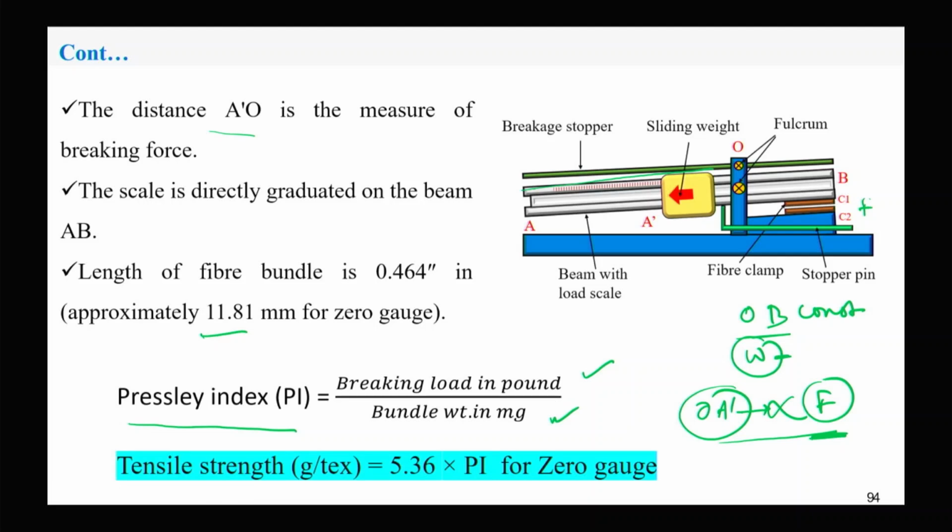And we can get this relationship, the tensile strength in gram per tex equal to 5.36 multiplied by Pressley index. This is for 0 gauge length.